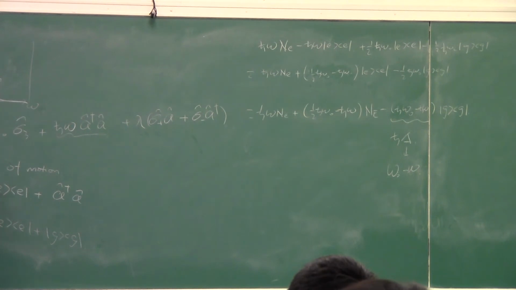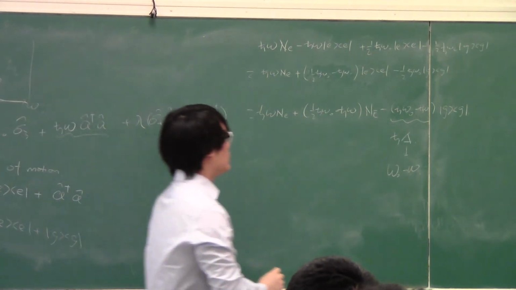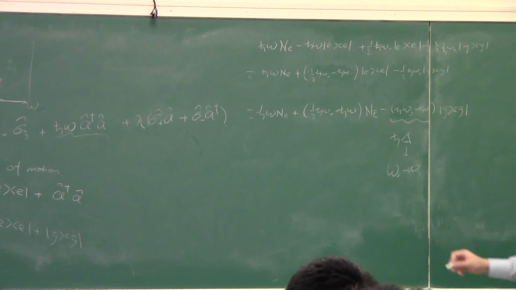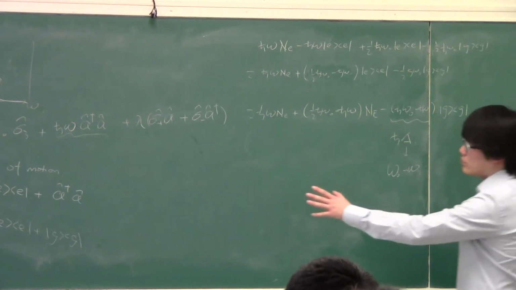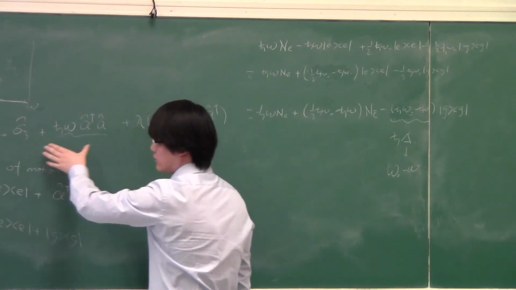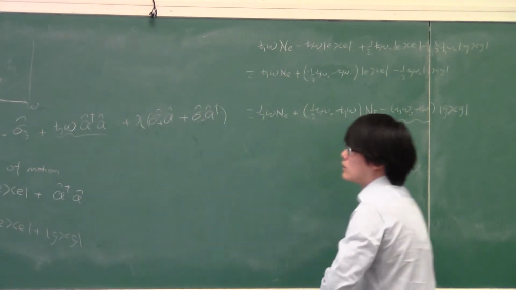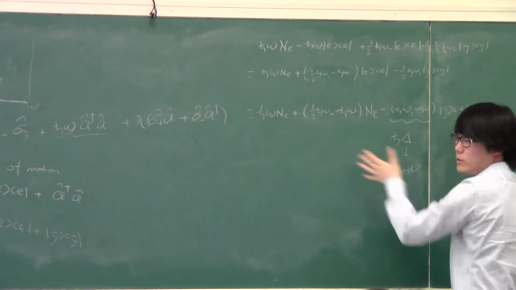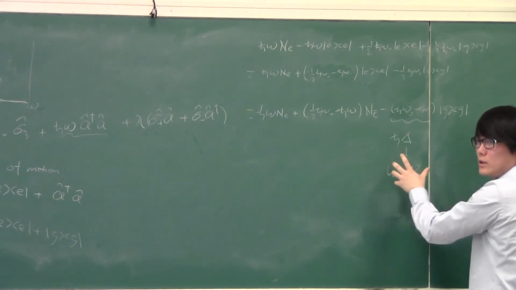The latter is related to this omega, and the difference here, which I'm calling delta, is a detuning factor. Okay. So now from this non-interacting part, consisting of the free atom and the free field, we extract out these constants of motion plus something that resets the energy of the ground state.